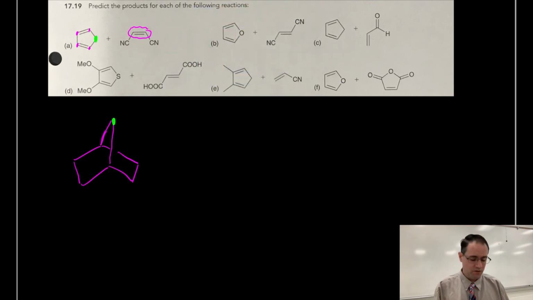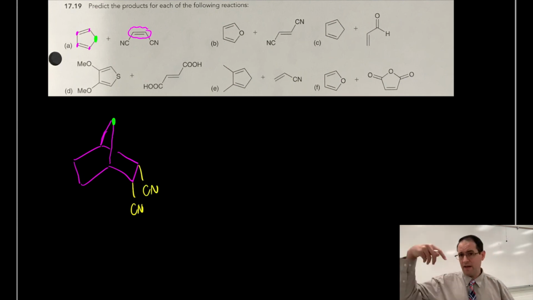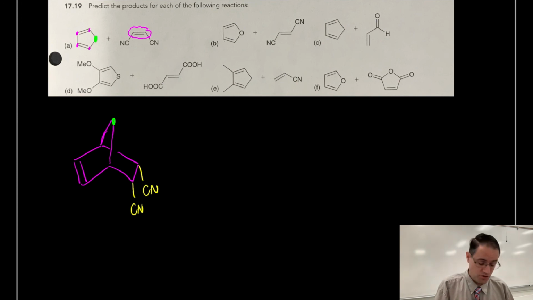And now I have those 2 CN, nitrile groups. So I want to place them in the endo position, and I point them away from the green dot. So that's all I need to do. I don't need to add hydrogens or anything. Well, I do need to show the double bond. Okay, do not forget the double bond. You're always going to form a cyclohexene. There's a 6-membered ring with a double bond hidden in there.